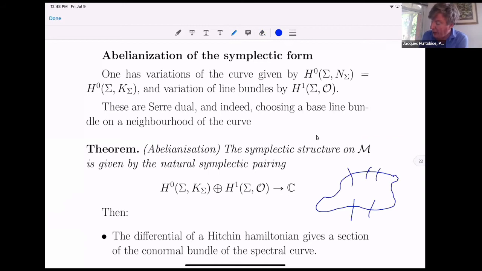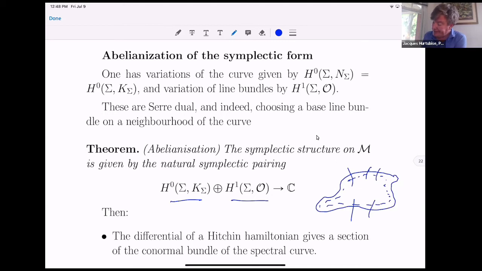And it gives you a way, when you're deforming the curve, of keeping the line bundle fixed. And conversely, you can keep the curve fixed and move the line bundle. That one's for free. And so you can think of the tangent space as being decomposed this way. And you notice these are Serre dual.